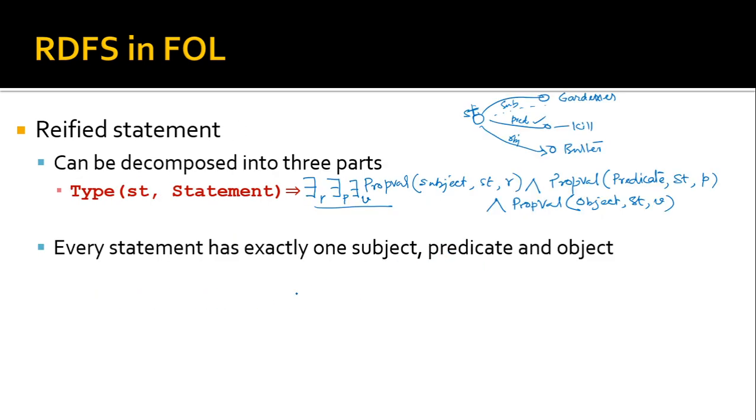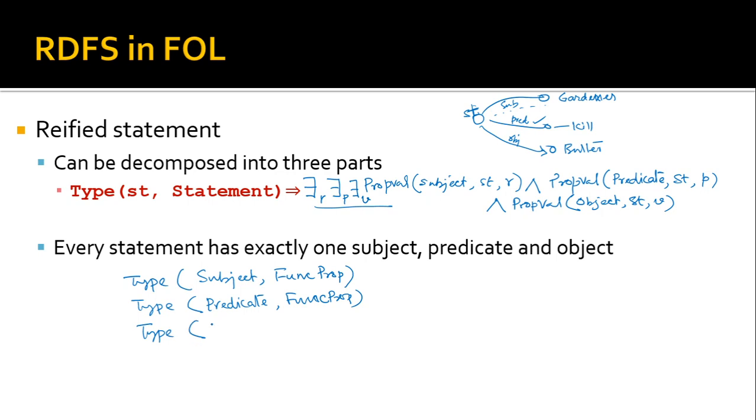So you just say type subject FuncProp, type predicate FuncProp, and type object to be the FuncProp. Right?